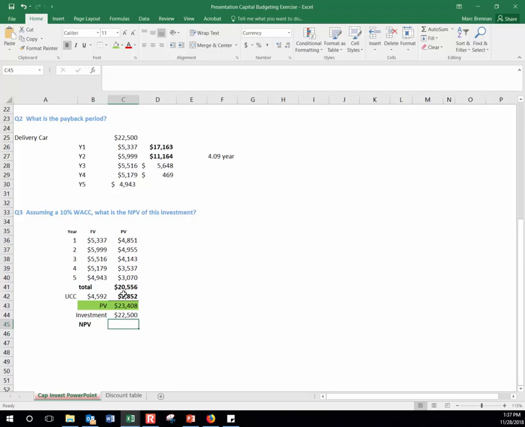So I'm just simply going to go my $23,408 minus my initial investment that I'm thinking of making, and it leaves me with $908. Now, the rule of thumb is you should always go for an investment if it has a positive net present value. It will add value to your company. So this is a positive number, therefore we should actually move forward with it.